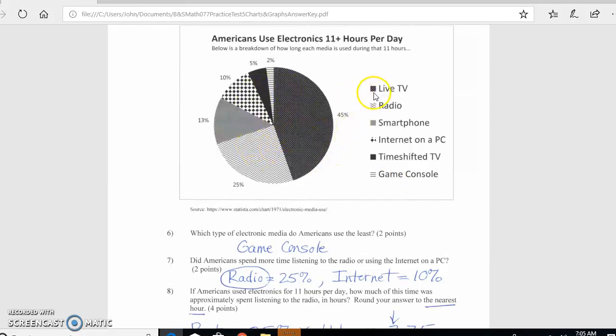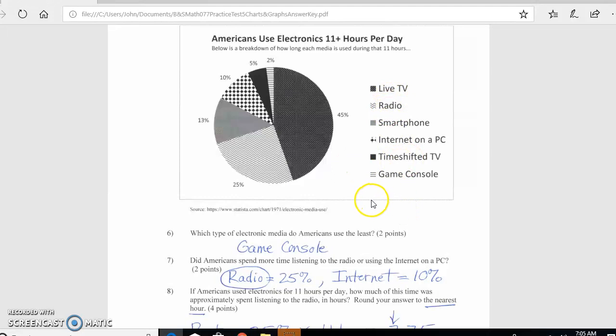For example, this darker shade with the little white dots in it is live TV. This one here with the wavy lines is the radio, and the lighter shade is the smartphone, and so on. So we can know what each section of the chart corresponds to in our legend.